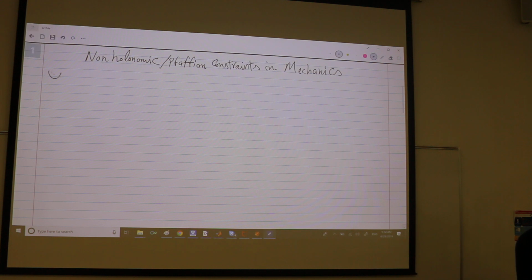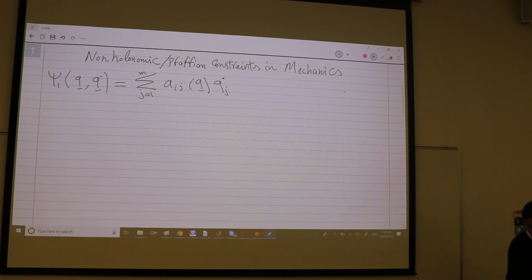This is the ith constraint, which is a function of q's and q dots, generalized coordinates and velocities. They are linear in velocities: the sum over j from 1 to m of a_ij of q times q_j dot. So they are linear in velocities.